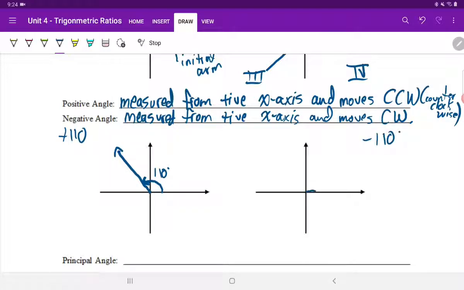Well, we still start on the positive x-axis, but instead of going counterclockwise, we go clockwise, and we end up here. So let's say that was negative 110. We just go in the opposite direction there. So don't be alarmed if you end up getting a negative angle. It just means that you have to go clockwise instead of counterclockwise. That's all.